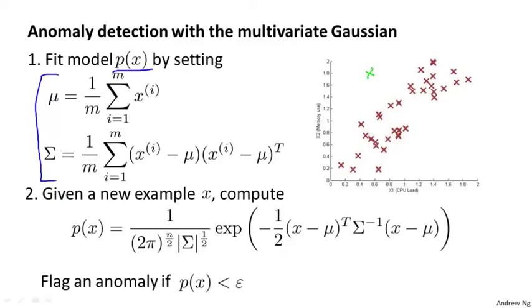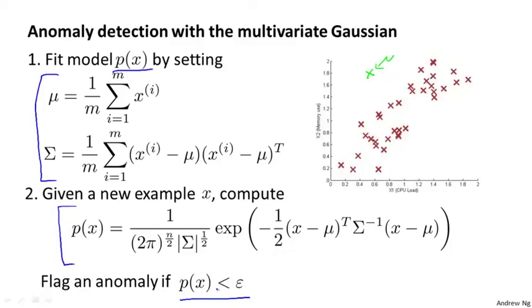Let's say I have a new example out here, and that's my test example. Given the new example x, what we're going to do is compute P of x using this formula for the multivariate Gaussian distribution. And then if P of x is very small, then we flag it as an anomaly, whereas if P of x is greater than that parameter epsilon, then we don't flag it as an anomaly.